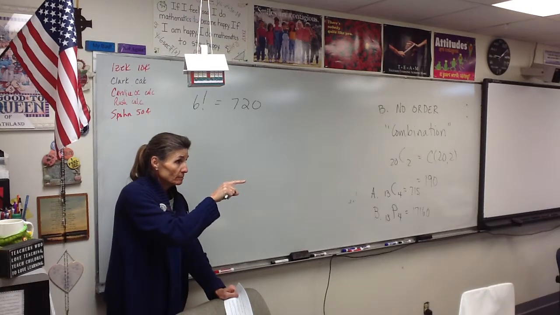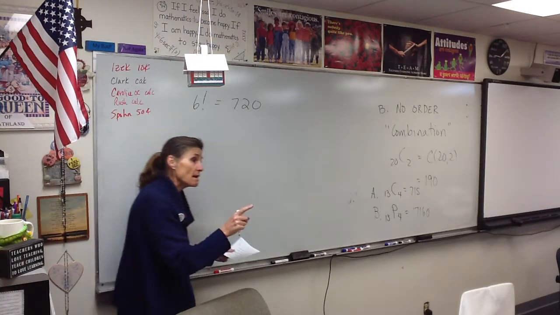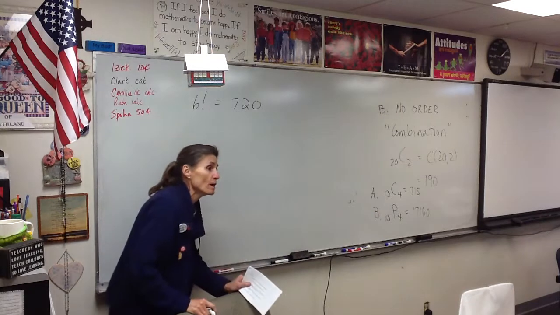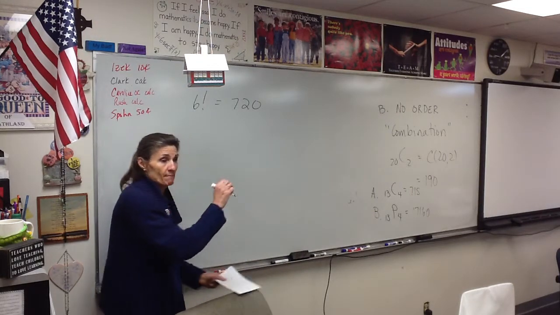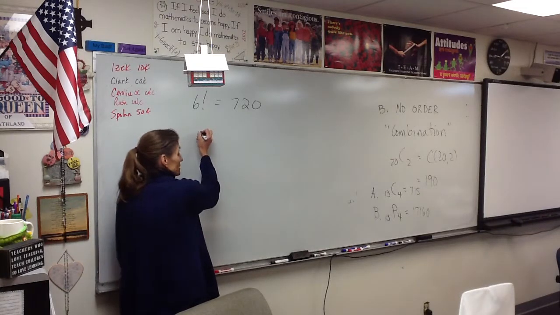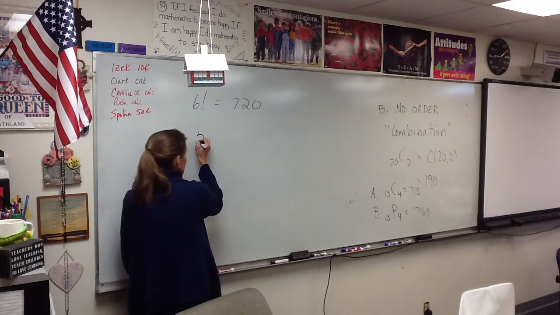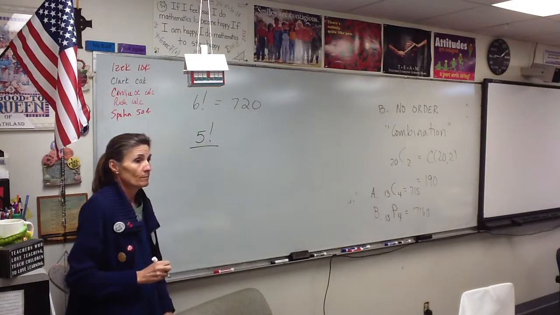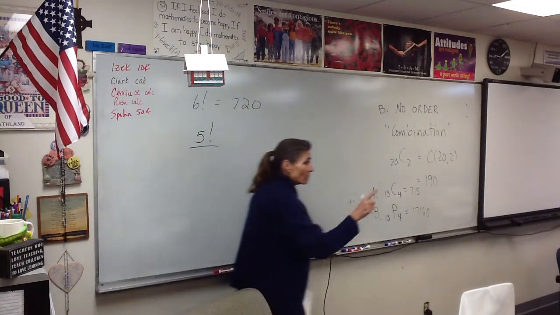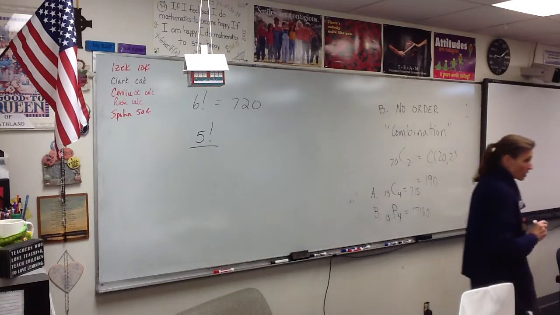Everybody okay? All right, number 2, same idea, but what's different? You've got some repeaters. Step 1. What do we start with? Count the letters. How many are there? So we start with 5 factorial. However many letters there are, that's what you start with.